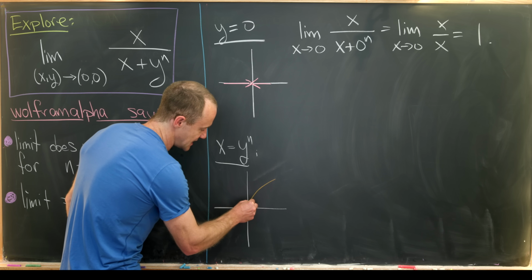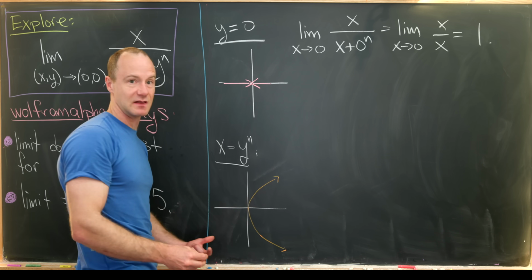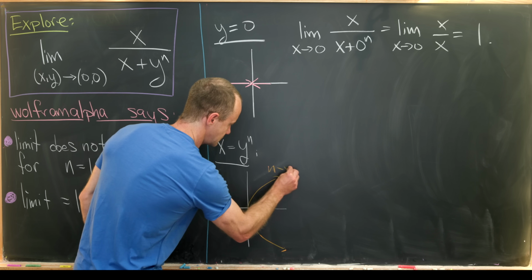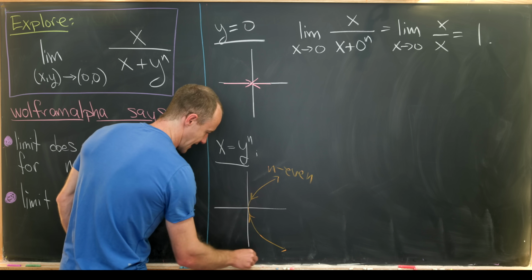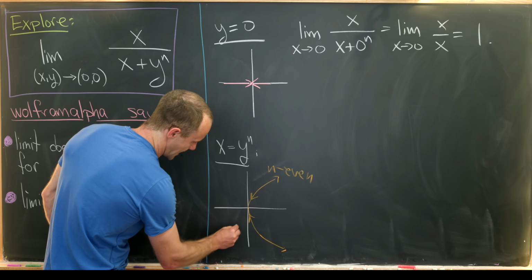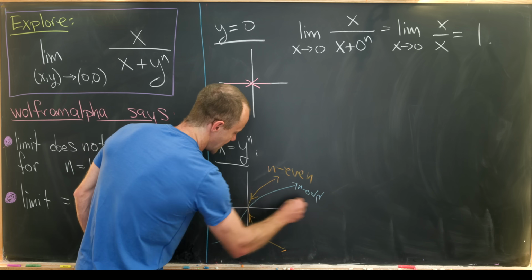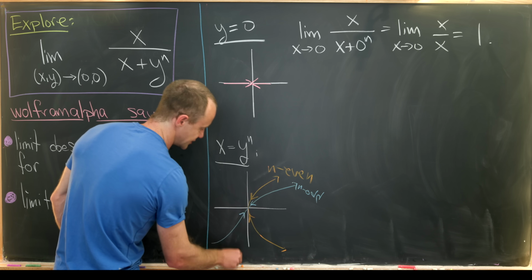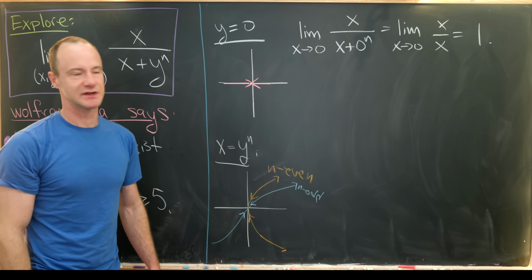If n is even, it's like a sideways-facing parabola, so we're approaching the origin like that. But if n is odd, it's going to be something like this. So this would be n is odd, and again, we're approaching the origin.